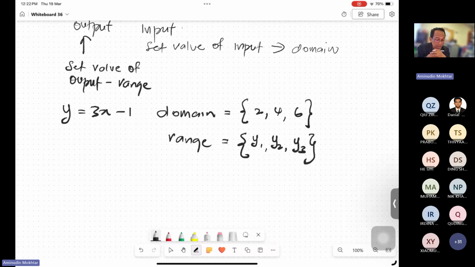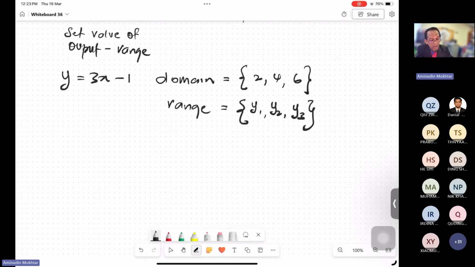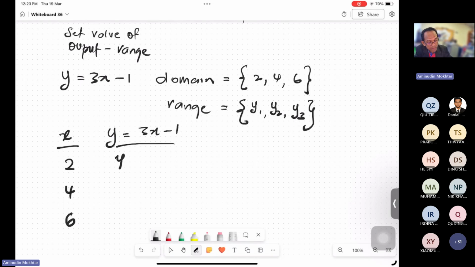And when x equal 6, what happens to y? There are three values of x, 2, 4, and 6, and the value of y is equal to 3x minus 1. So we just replace x. When x equal 2, y equal 3 times 2 minus 1. 3 times 2 is 6, and 6 minus 1 is 5.